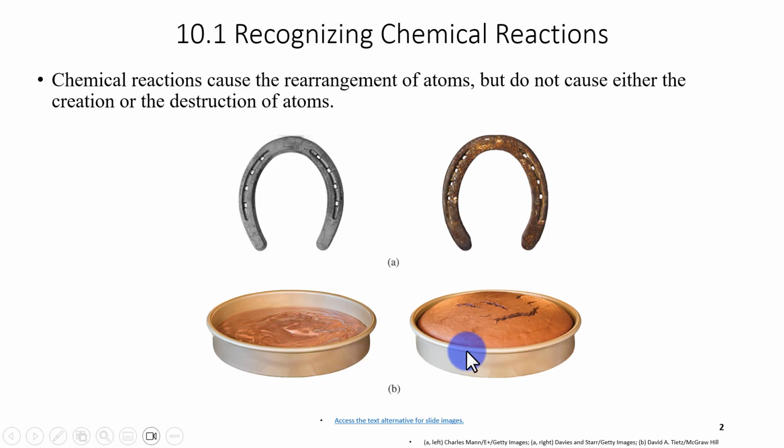Same thing when we bake a cake. When we put the batter into the pan and we put it in the oven, we have started the chemical reaction, and temperature will help it, right? It will help it, but the chemical reaction occurs, and my second state, so what I end up with, is not what I started with at the beginning.